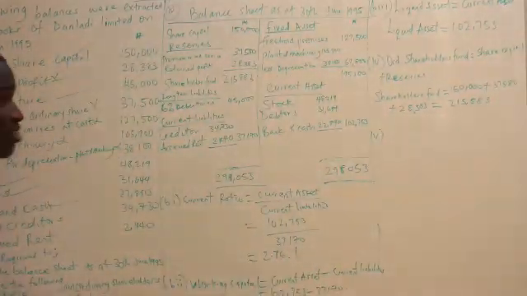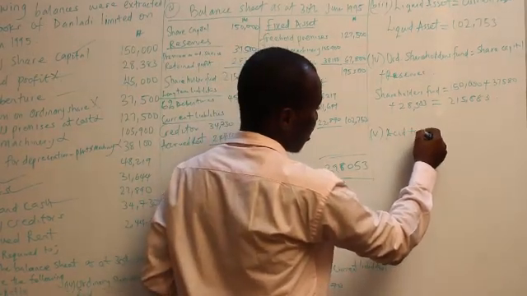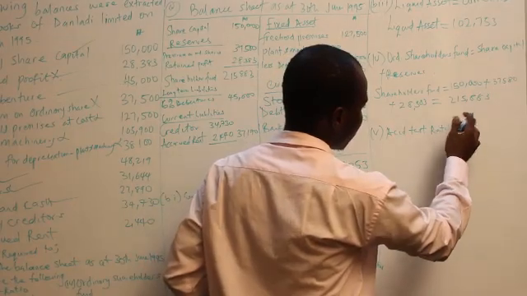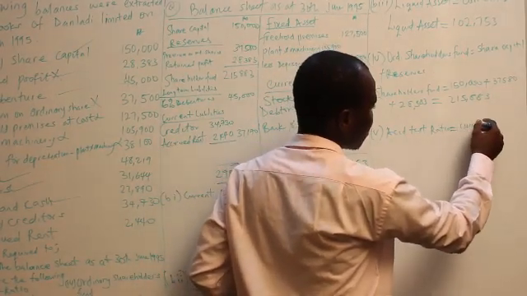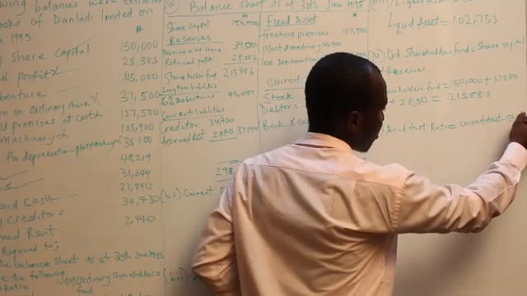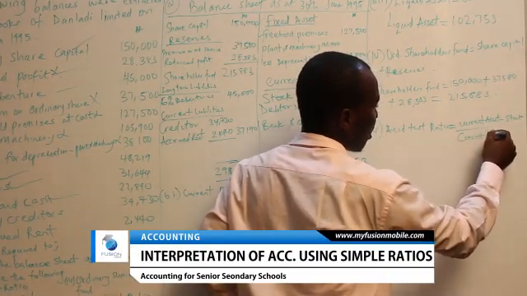So V is the acid test ratio, which is equal to current assets minus stock over current liabilities.